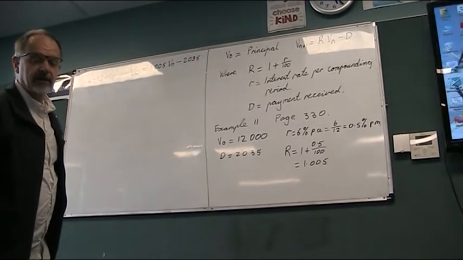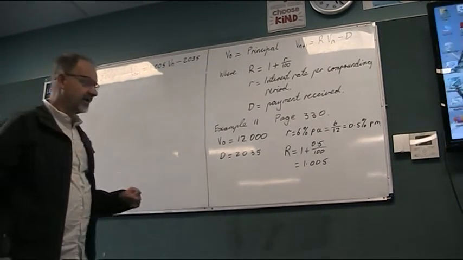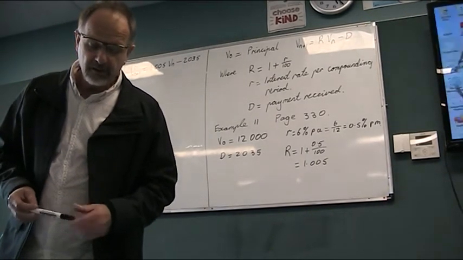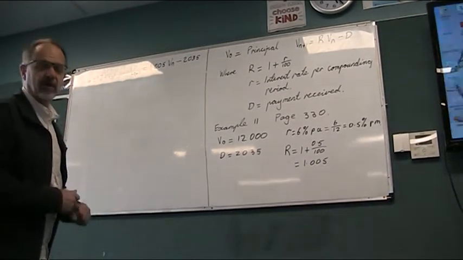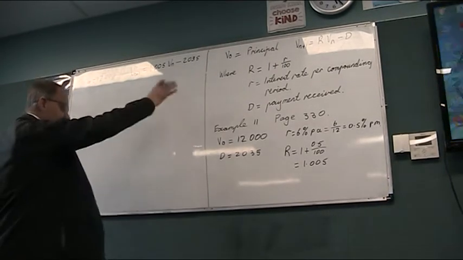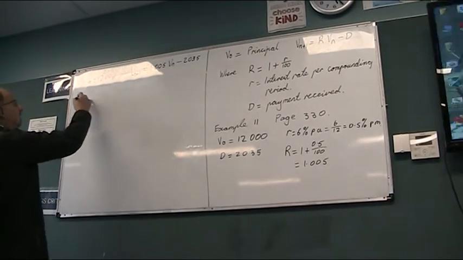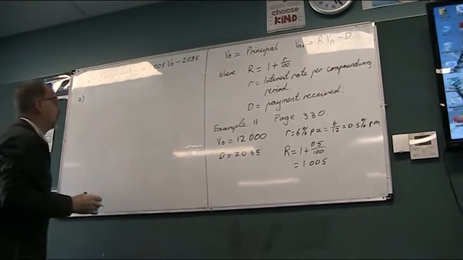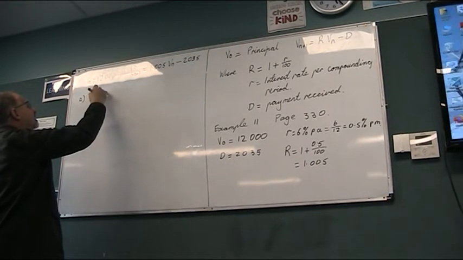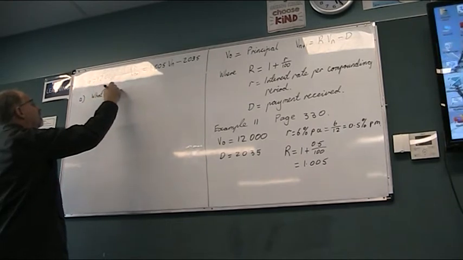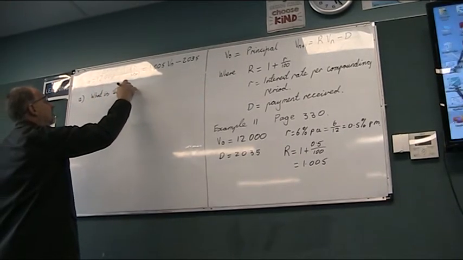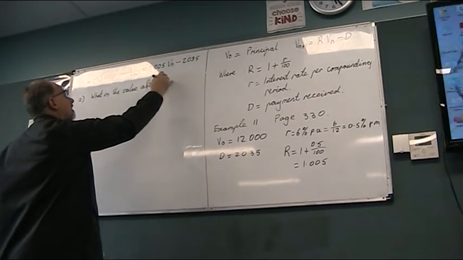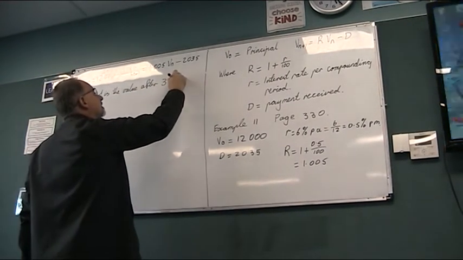All right, so that was example 11. Now I'm going to pull a bit out of example 12. So example 12, part A, is what is the value after 3 payments.